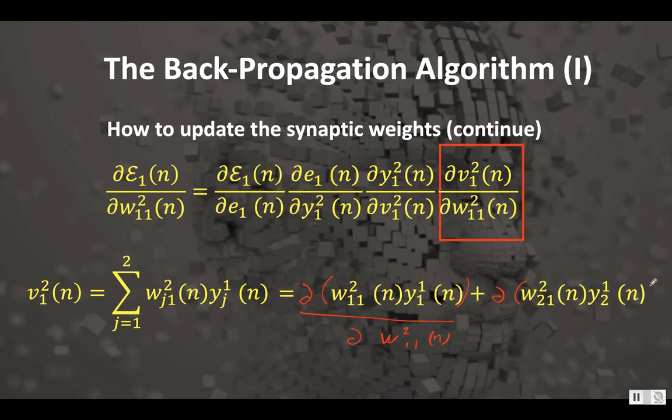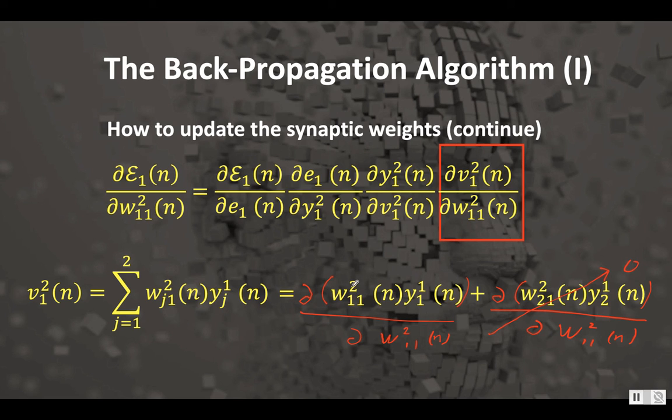Look at the second term. In the second term, there's nothing about W211 in this multiplication. Therefore, this whole term equals 0. Look at the first term.